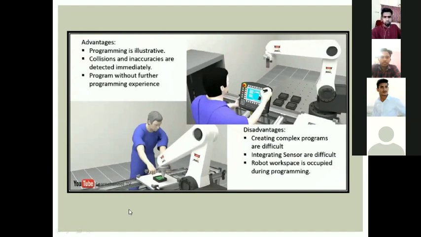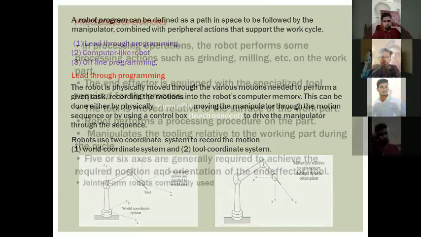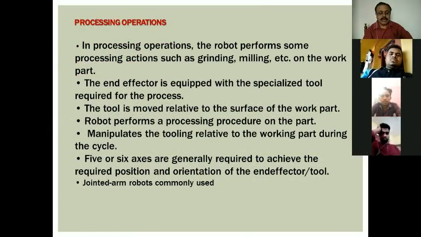Now I think you got some idea about what we mean by lead-through programming. For that we need higher degree robots which have 5 to 6 axes.